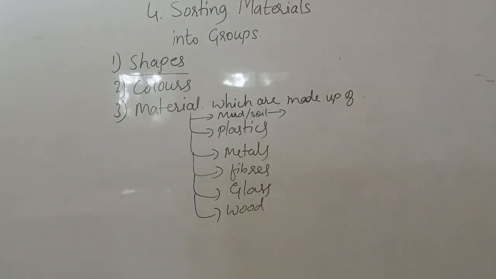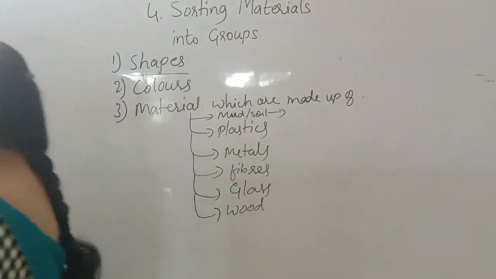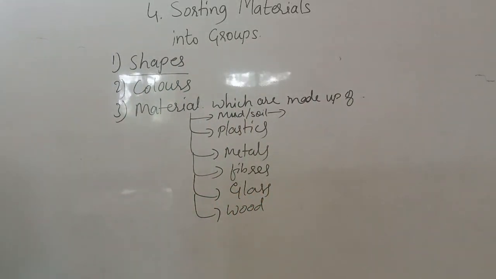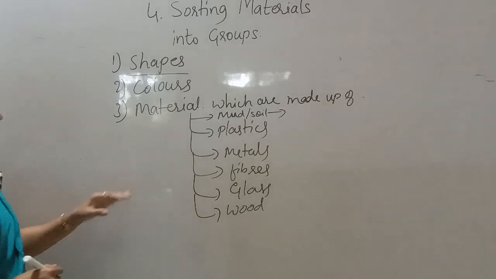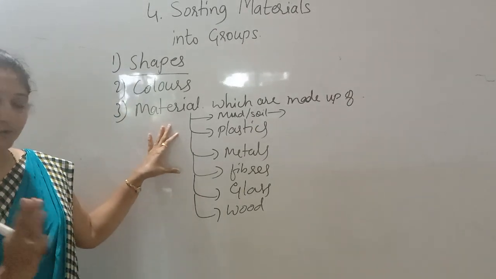So these are some examples of materials. By using these materials, the objects are prepared, and those objects which are made by these materials are classified and put into groups.